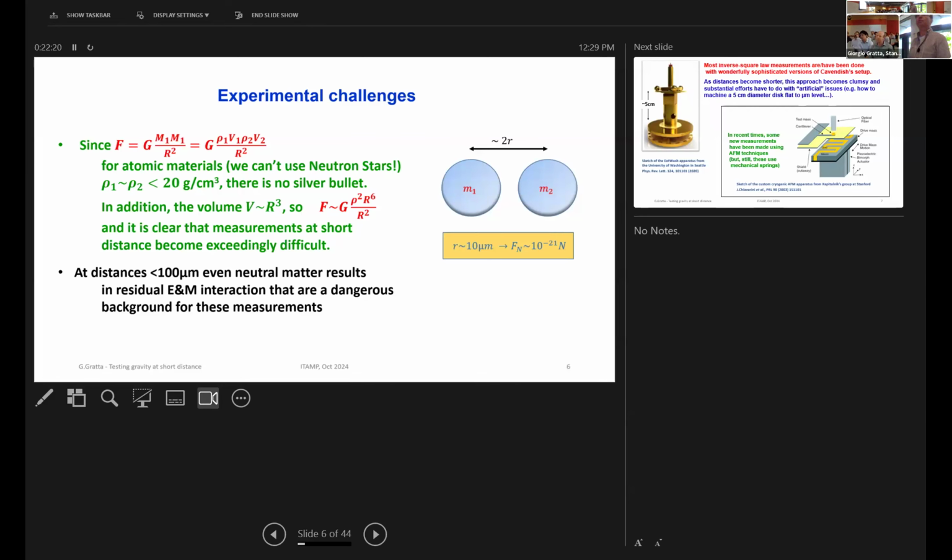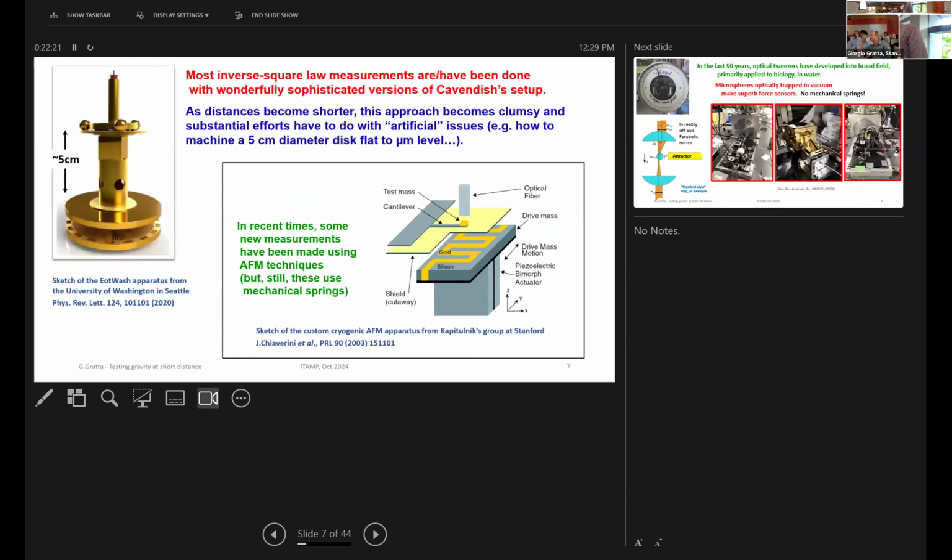All right. So traditionally people have used torsion balances for 300 years, which have been perfected to an amazing level, particularly in the last 20 years by the Washington group. And then there's been a little moment of activity, as it turns out, at Stanford, using essentially microcantilevers to do the measurement.